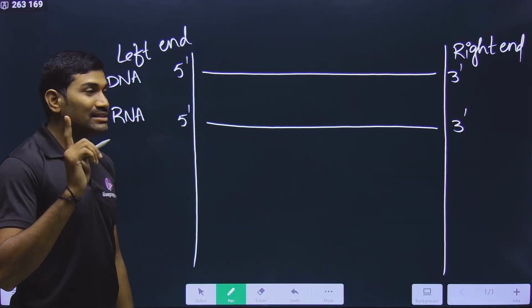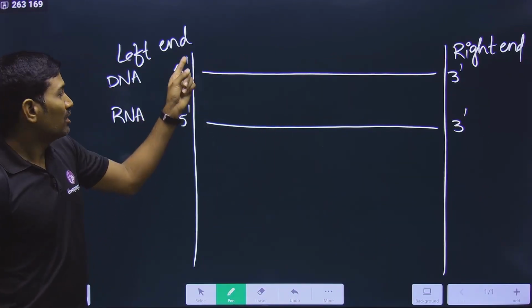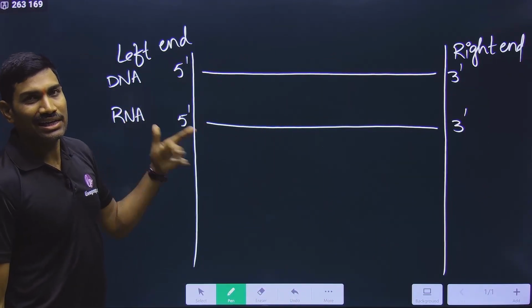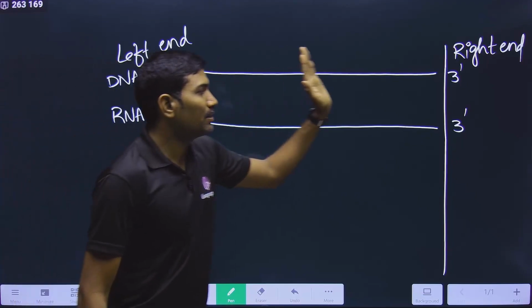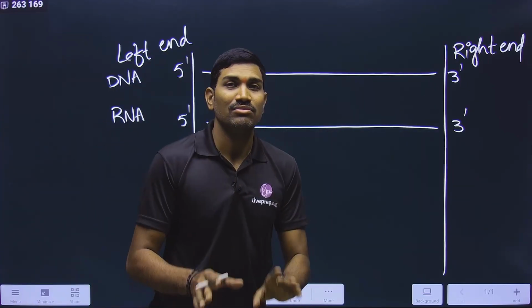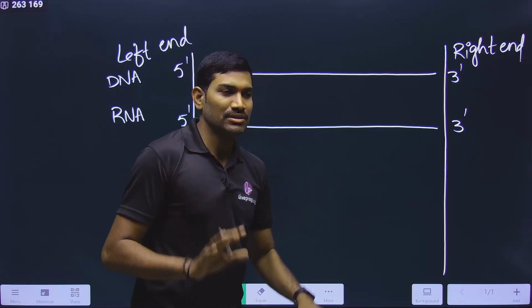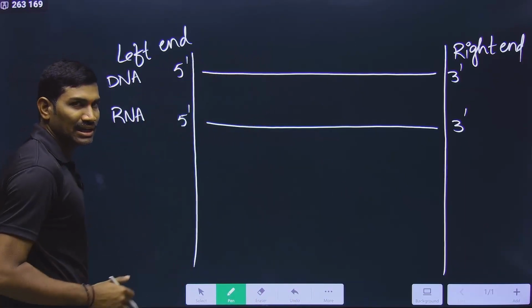That's why the reading of nucleic acids, whether it is DNA or RNA, is always from 5 prime to 3 prime only. This is the standard fixed sequence. Please remember this. This is about the nucleic acids.